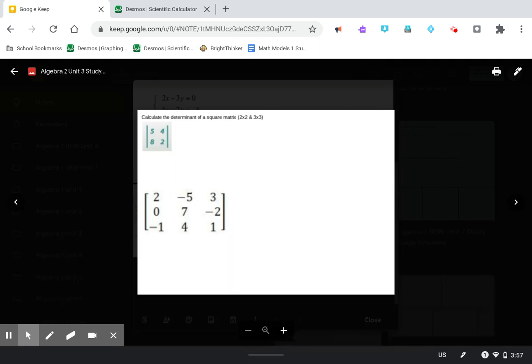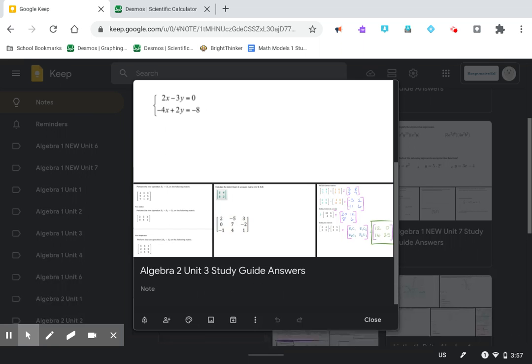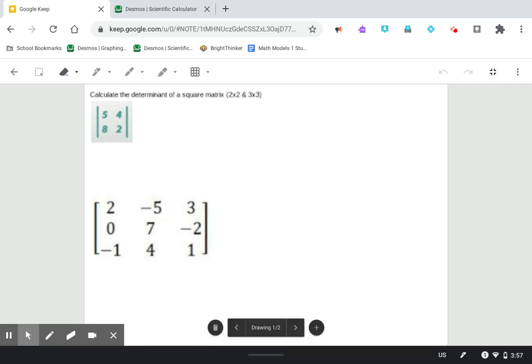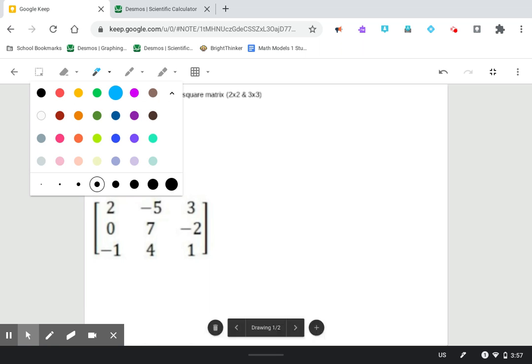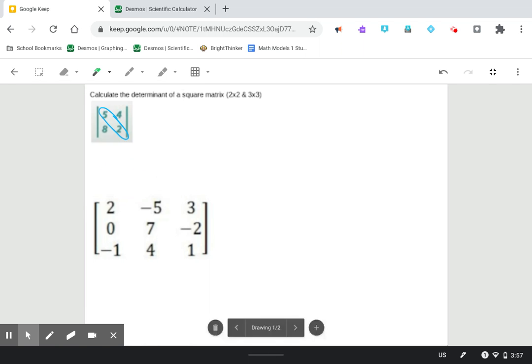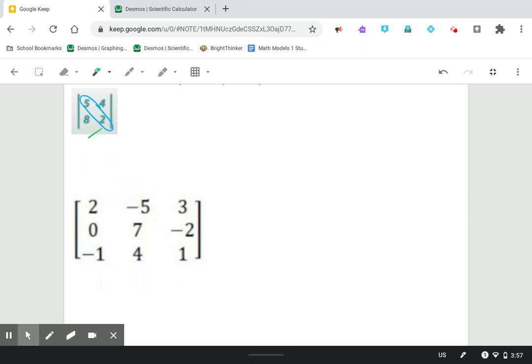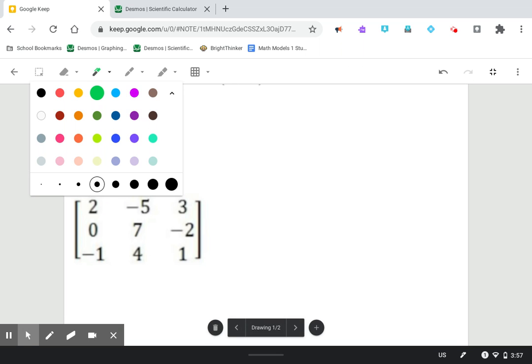Next is going to be calculating the determinant of matrices. So calculating determinants, you need to be able to do it with a 2 by 2 and a 3 by 3. 2 by 2s are really easy. You multiply the downward two numbers together, what we call the downward diagonal, and you multiply the upward diagonal, and we do the downward minus the upward.